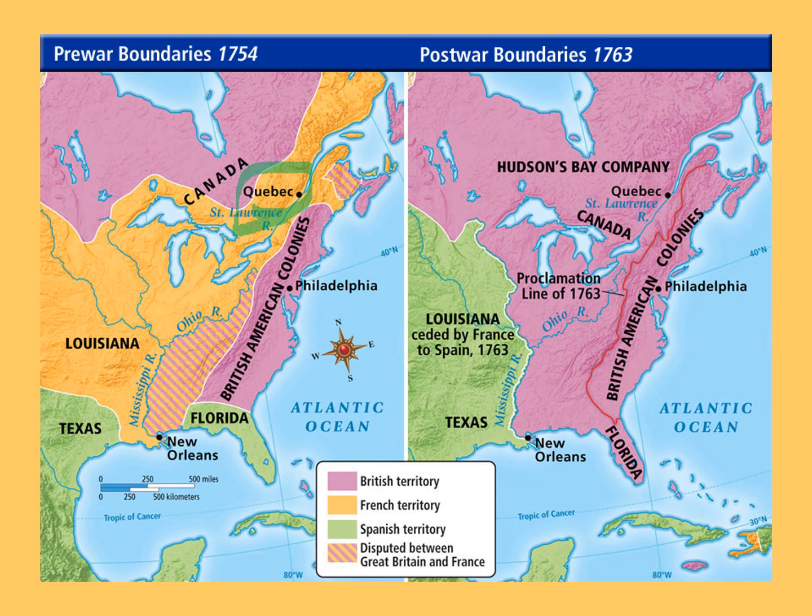You see the pre-war boundaries here in 1754. Look at those boundaries in 1763. You've got your 13 British colonies here, but you also see that a lot of what was New France now belongs to the British.